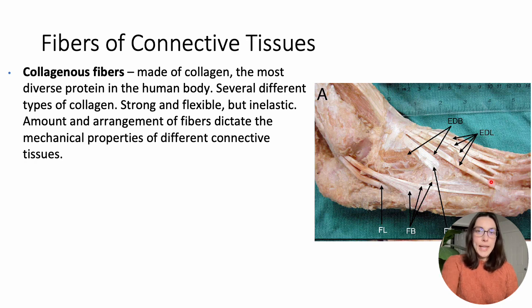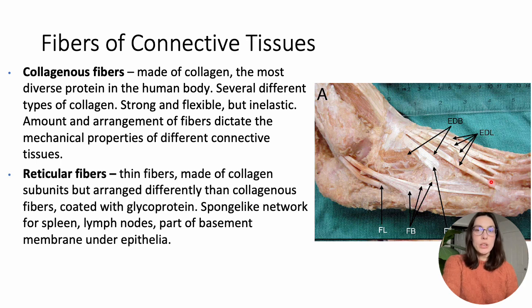Now, other than collagenous fibers, we also, in the matrix of connective tissues, sometimes have reticular fibers. And reticular fibers are really thin. They are also made of collagen protein, but the proteins themselves are arranged in a different three-dimensional organization than collagenous fibers. So they're much, much thinner.